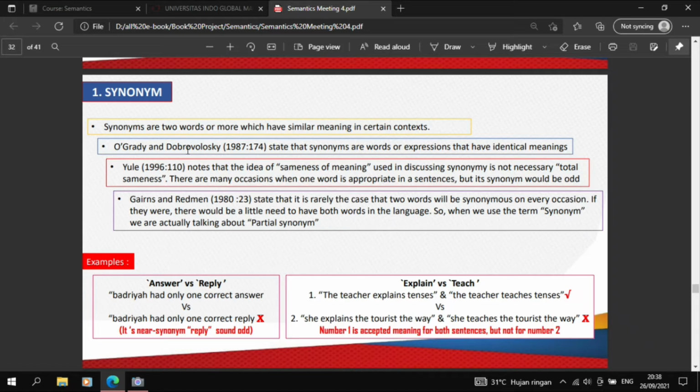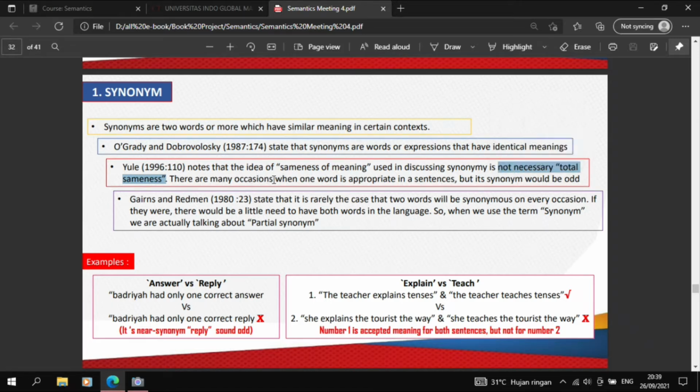Here, O'Grady and Dobrovolsky and also Yule, we also have Geerns and Redman as the experts, state that synonyms are words or expressions that have identical meanings, only identical, and not the same. And then Yule notes that the idea of sameness of meaning used in discussing synonym is not necessarily total sameness.